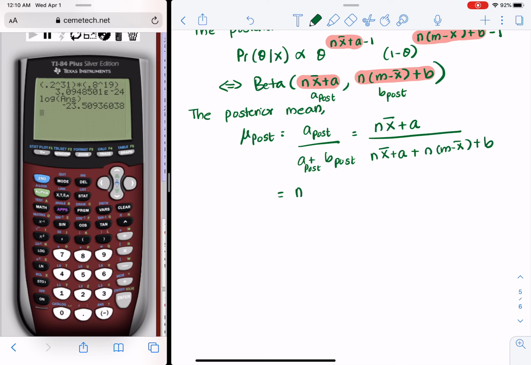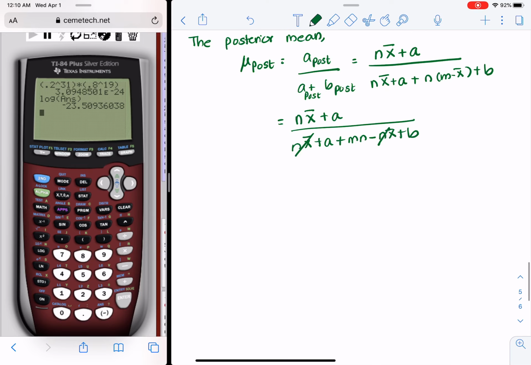So we would have n x bar plus A divided by n x bar plus A plus mn minus n x bar plus b. Those two terms would go away, so the final expression for the mean is n x bar plus A divided by A plus mn plus b.